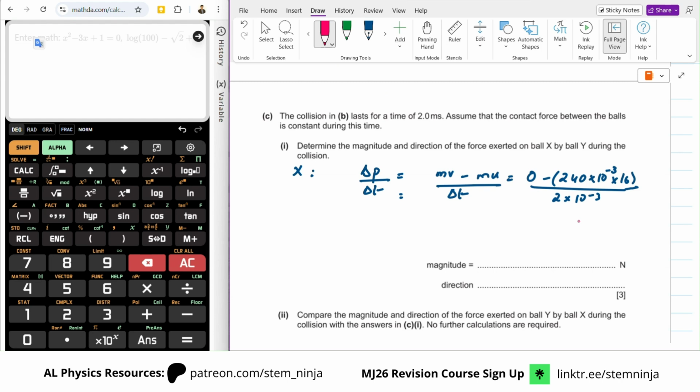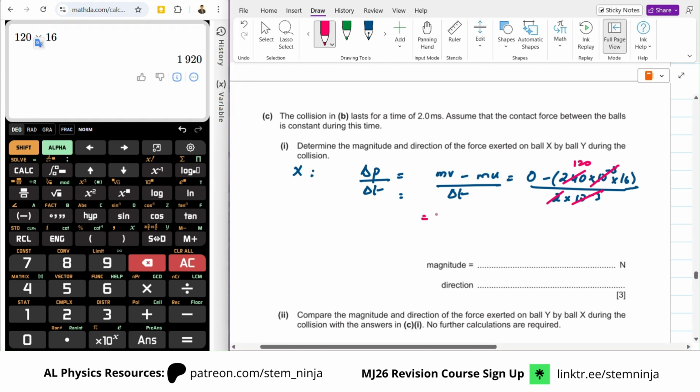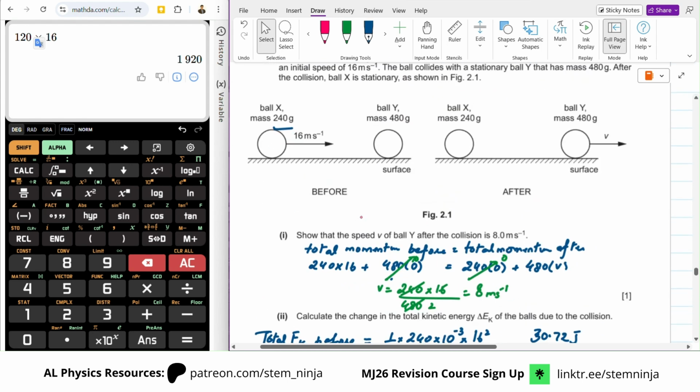As you can see, that will get cancelled, so you will be left with 120 times 16. So this is 1920, negative. So the magnitude is 1920, which is roughly 1900, and direction is towards the left. Ball X by ball Y.